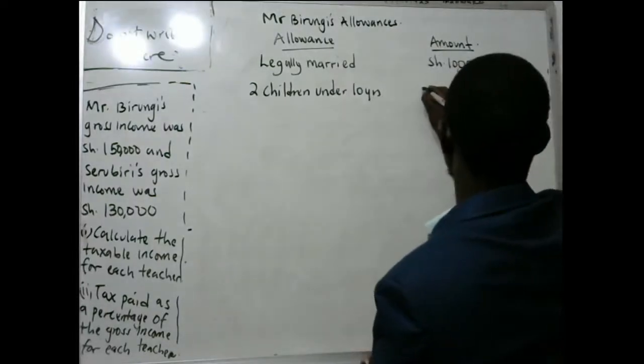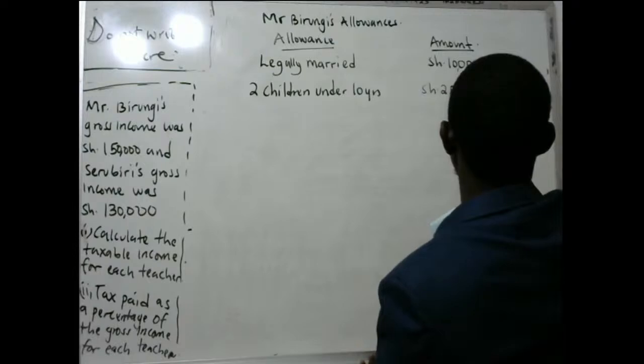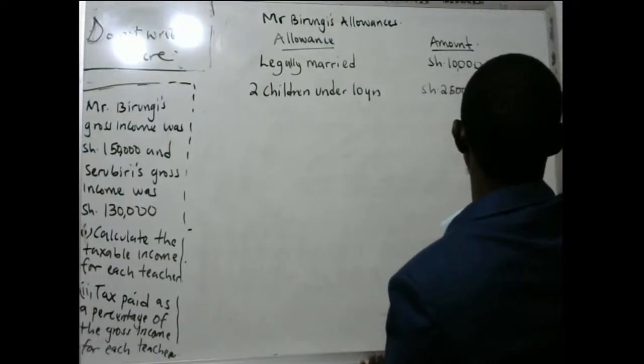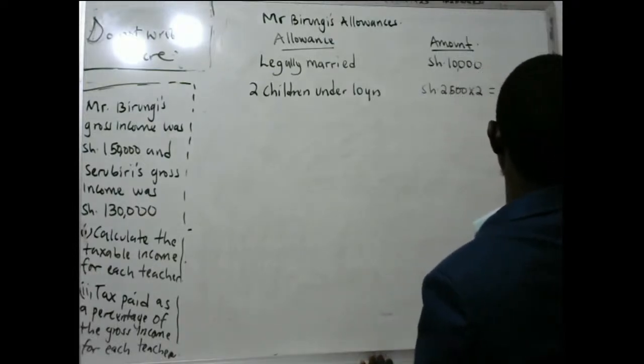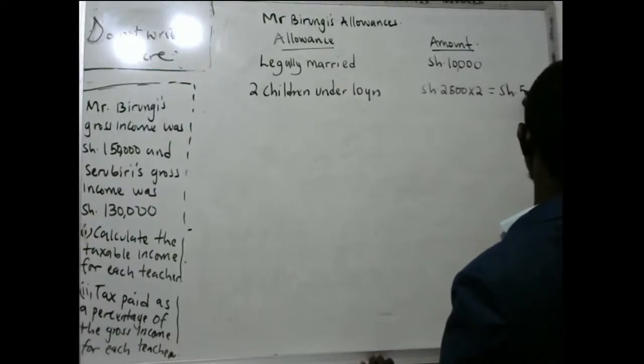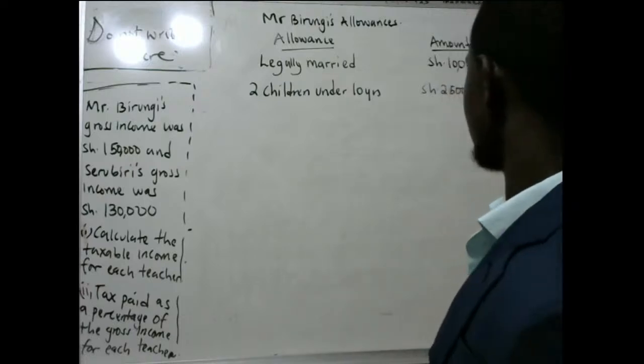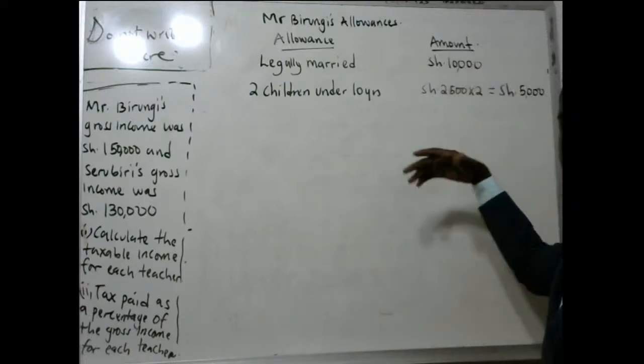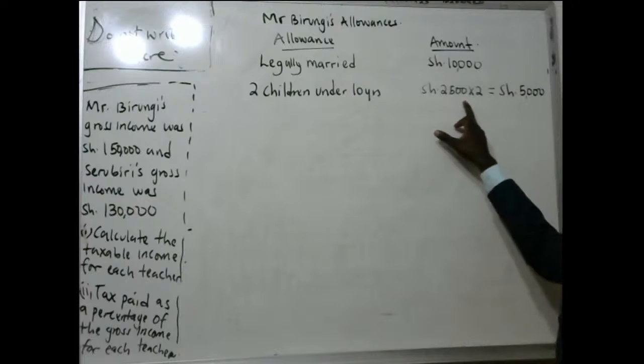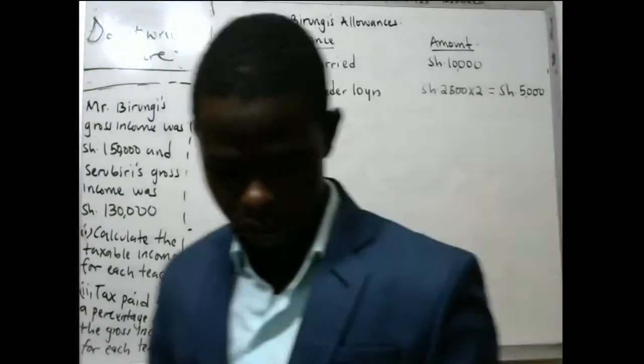This will be shillings 2,500 times 2, which will give us shillings, how much? 5,000. For his children, like they are 2, because each child gets 2,500, okay? But they are 2 children that are under 10 years.